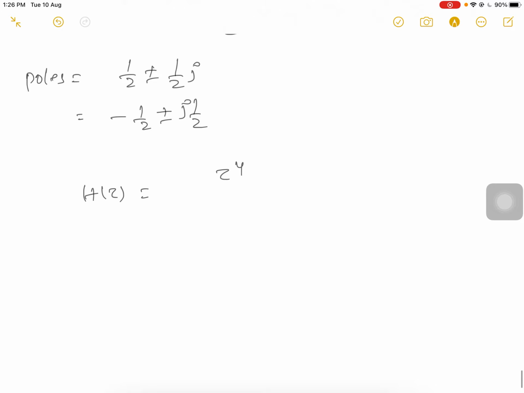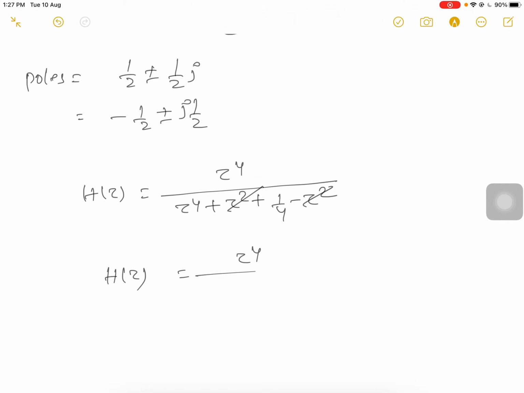After simplification, z to the power 4 over z to the power 4 plus 1/4, and the other terms cancel out.